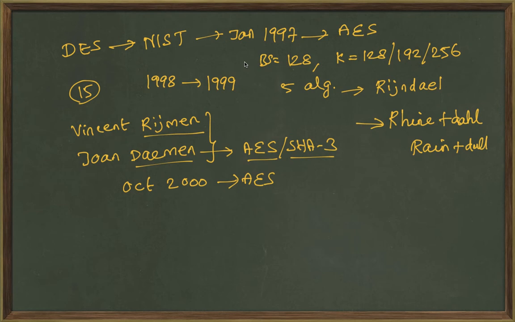The following year, in November 2001, NIST finally published this standard in the form of Federal Information Processing Publication 197. Almost all US federal projects will say that they should support 197, right? You might have seen that. For the AES algorithm, the block size is a fixed block size.